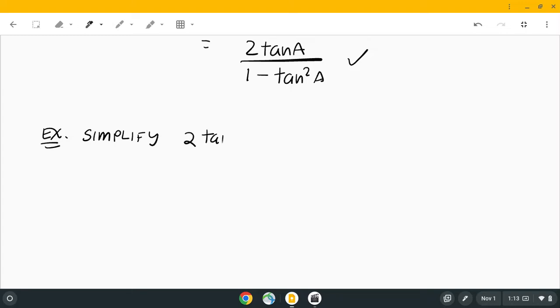2 tangent 15 over 1 minus tangent squared 15.